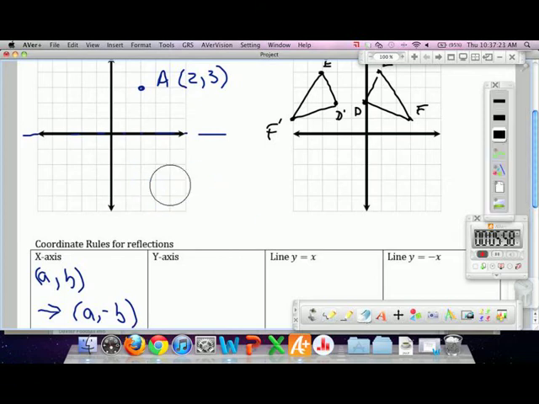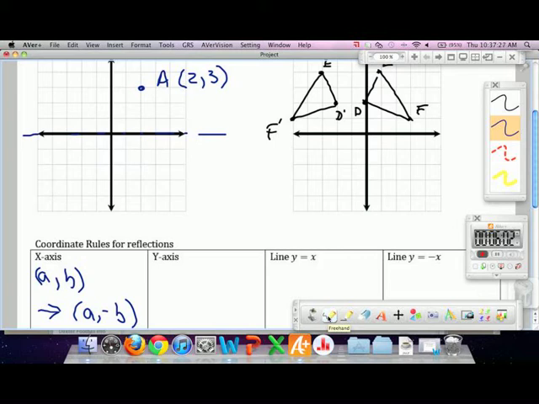Okay. How about if I instead want to reflect over the y-axis? If the reflection line is the y-axis, what should the coordinates of A prime be instead? We're reflecting over this line now, so it should be, what did we say, Greg? A prime in this case is -2, 3.